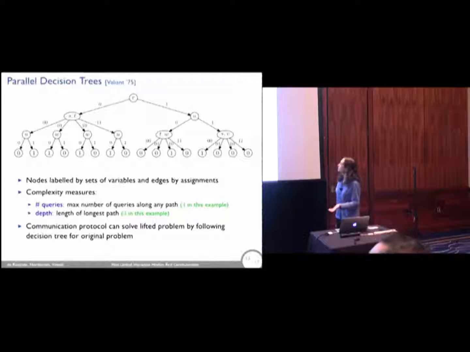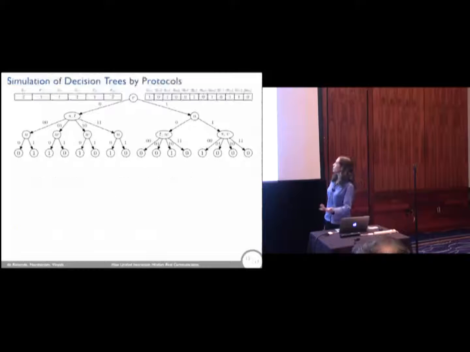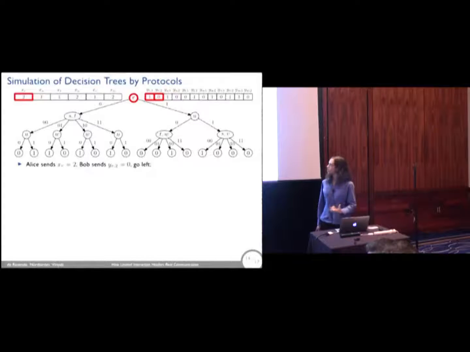So let's see an example of this. Here we have a decision tree. Alice receives indices, Bob receives this vector of bits, and they can simply follow the decision tree. They start at the root.